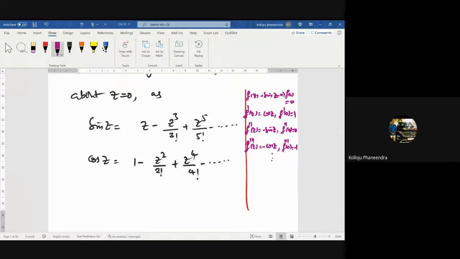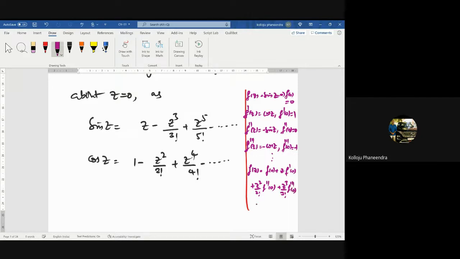And what is the series expansion formula about z equal to 0? f of 0 plus z into f dash 0, plus z square by factorial 2 f double dash 0, plus z cube by factorial 3 f triple dash 0.